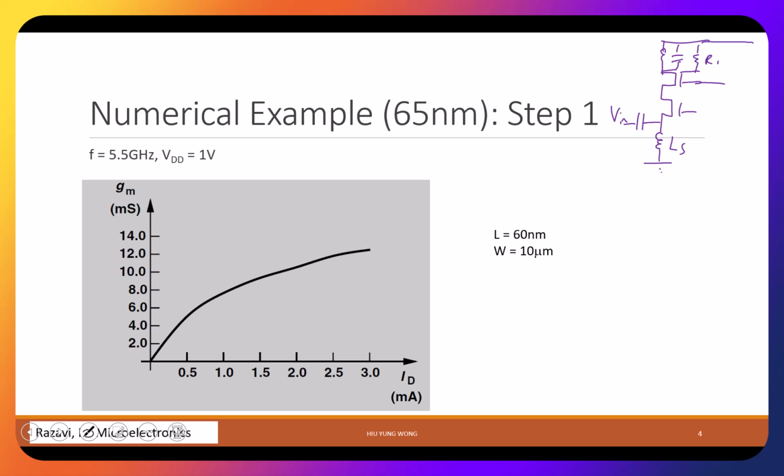I need to bias it, and I remember last time I decided to bias the cascode transistor at VDD. And in order to bias this one, I actually use a diode connected device. But this is not accurate because I need to give a current source.